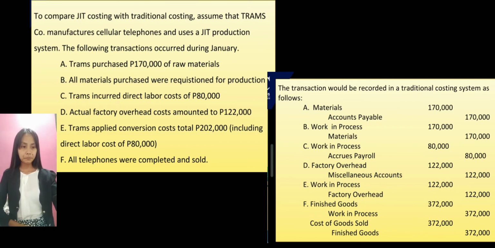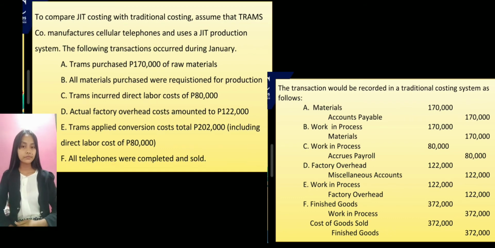So we are going to debit work in process of 80,000 and credit accrued payroll of 80,000 since may utang pa po yung Trumps sa workers in their salaries.